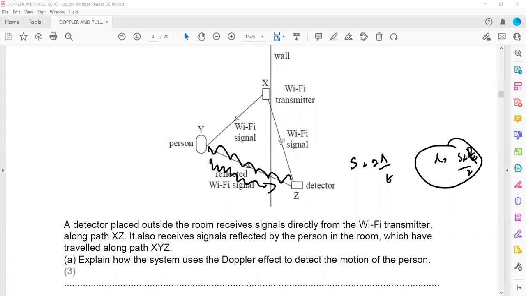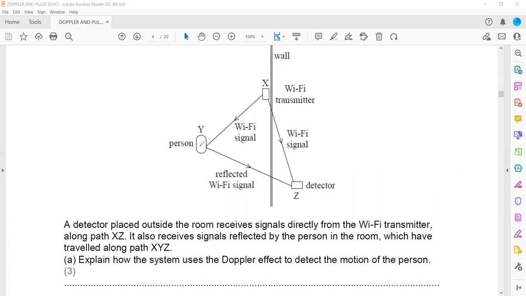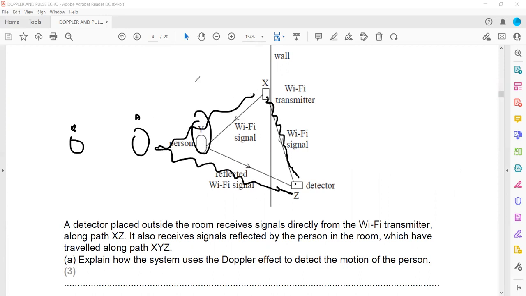If there is no change in the frequency, like if a person is stationary, at position Y or another position, like A or B, in all the cases the frequency received from X and the one which bounces back from A or from B have the same frequency, because the person is not moving.